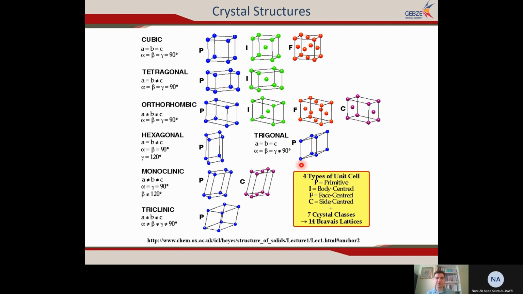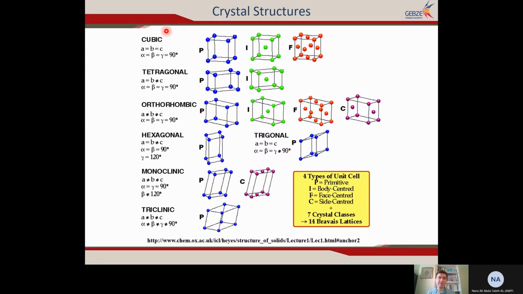So 4 different types of unit cells and 7 crystal classes. And finally, we have 14 Bravais lattices. 1, 2, 3, 4, 5, 6, 7, 8, 9, 10, 11, 12, 13, 14 Bravais lattices.